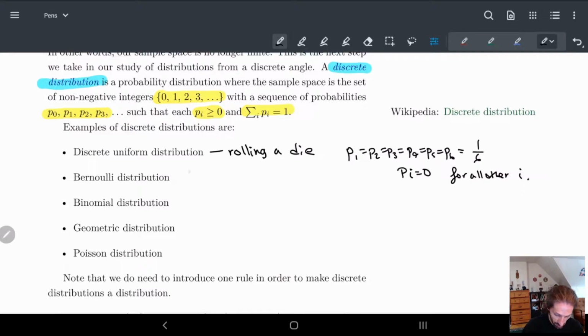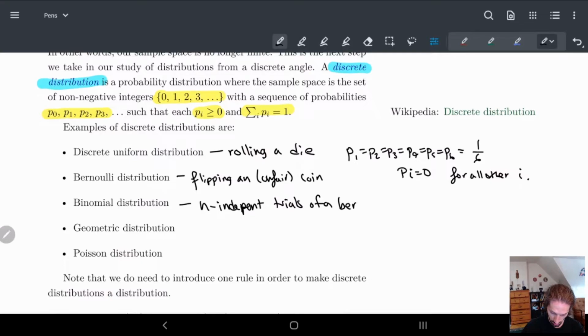The Bernoulli distribution is another one. This is like flipping a coin, flipping an unfair coin, because the probability might change. The binomial distribution, I think we've seen this multiple times. Here we have n independent trials of a Bernoulli distribution.